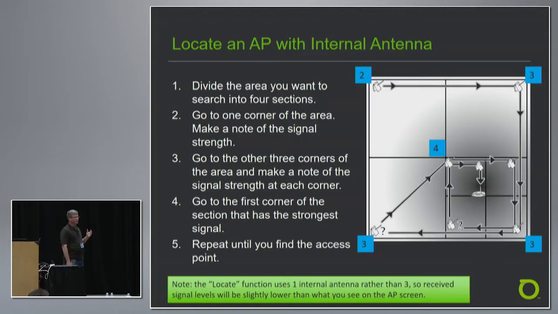So basically, you want to locate an AP using the internal antenna. One good technique for doing this is, for the area that you want to locate, let's just say it's an office environment, divide it into quadrants and go to each corner, point the AirCheck in, and measure the signal level of the device that you're trying to locate.